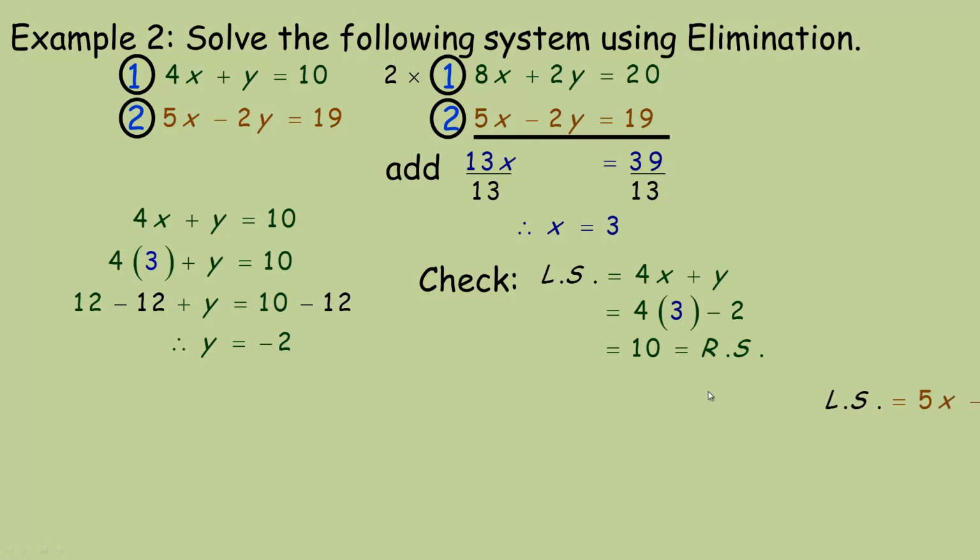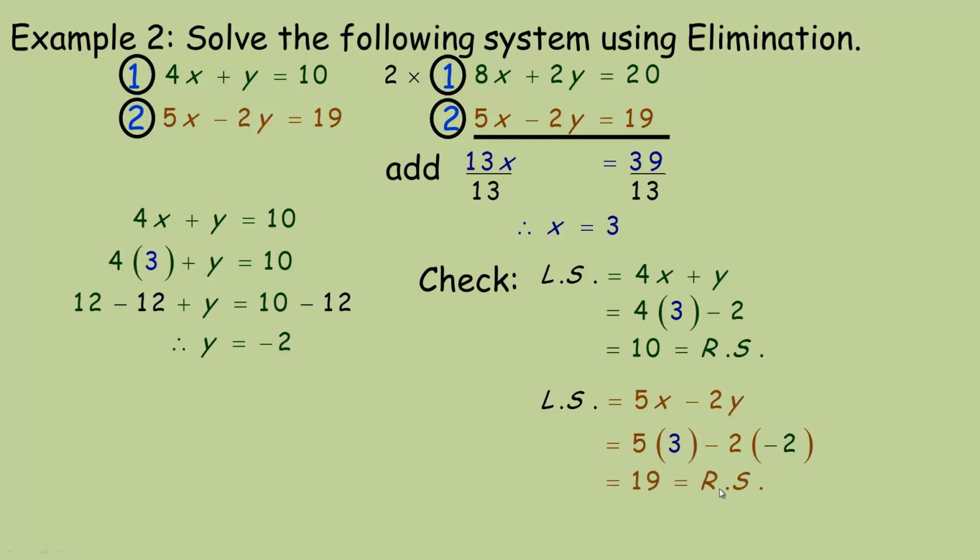And then the 5x minus 2y: again, 3 for x, negative 2 for y here. So that's 15. Now, subtracting minus 2 times negative 2, there's 2 negatives there, so that'll be a plus 4. So 15 and 4 do add to 19, what's on the right side, so it checks. So the solution is x is 3, y is negative 2.